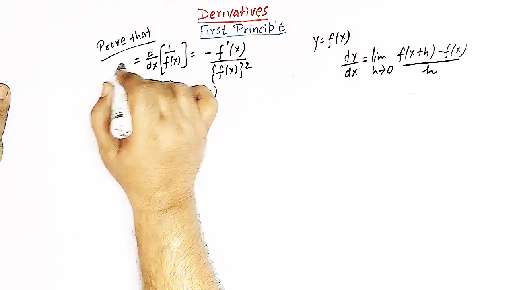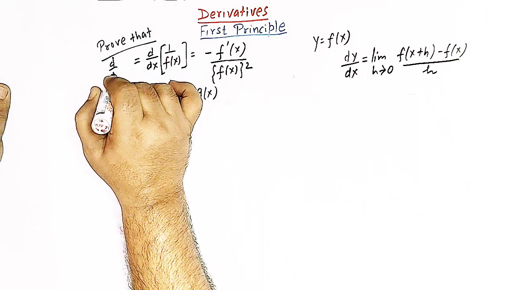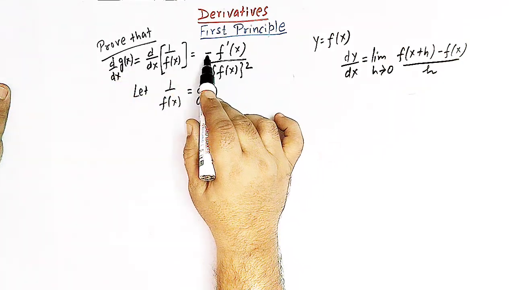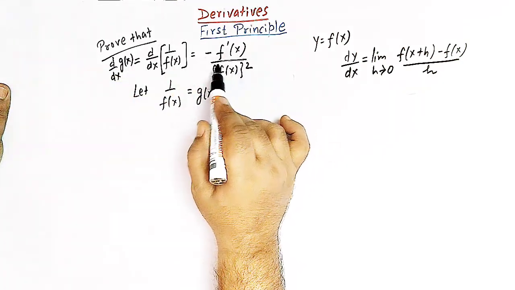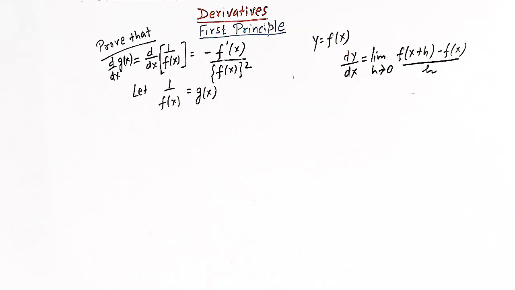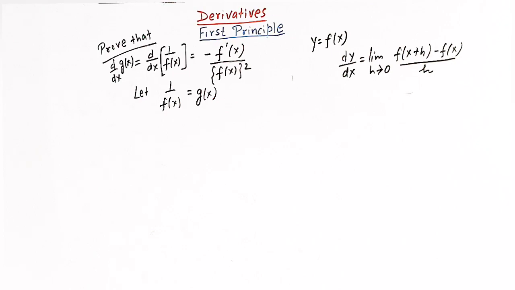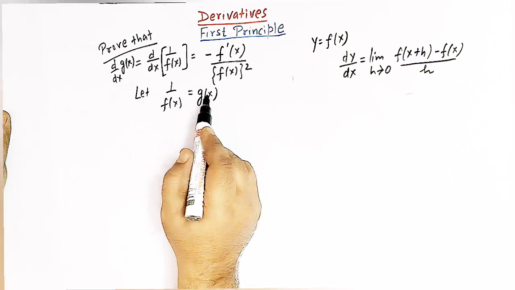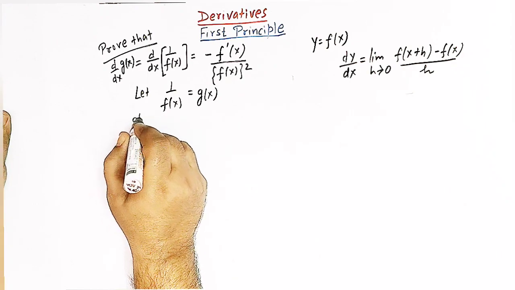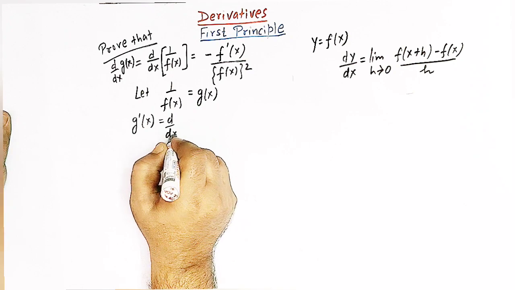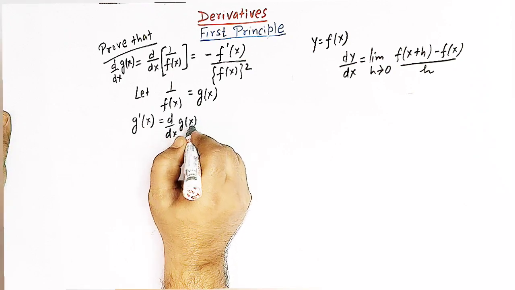So it implies that we have to show that the derivative of g of x is given by a negative of f prime of x divided by the square of f of x. So now the derivative of the function g of x is given by g prime of x, which is d by dx of g of x.